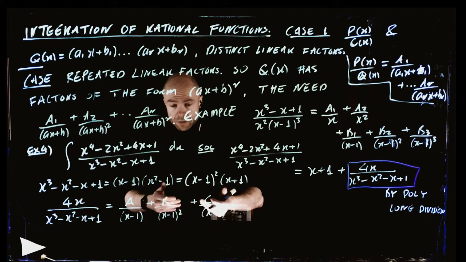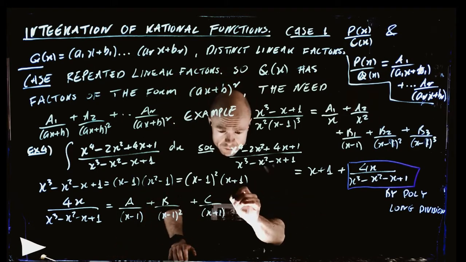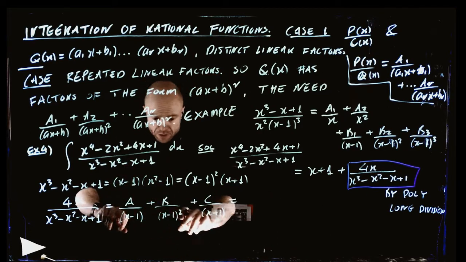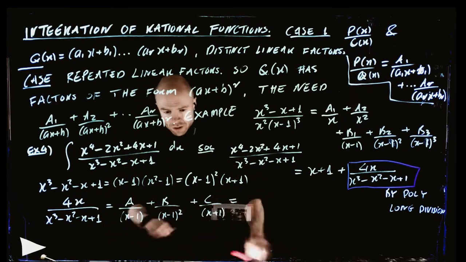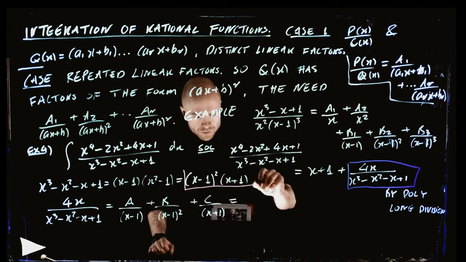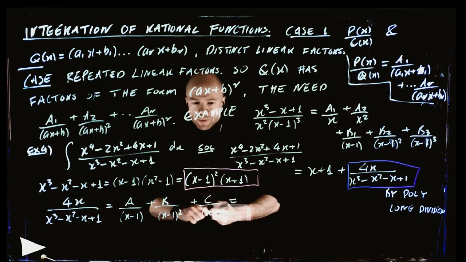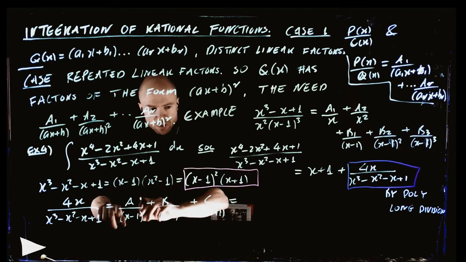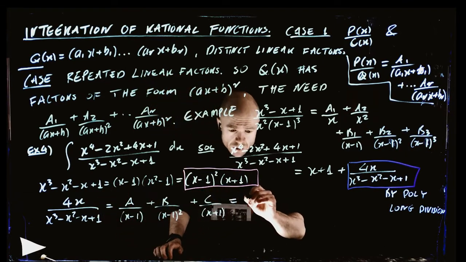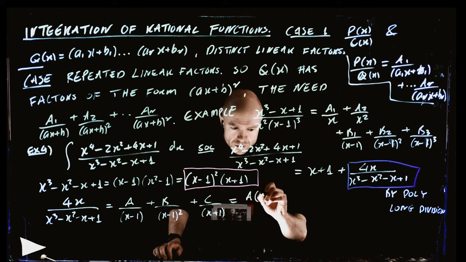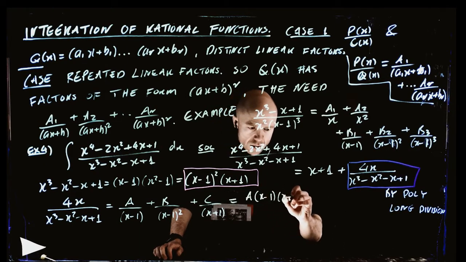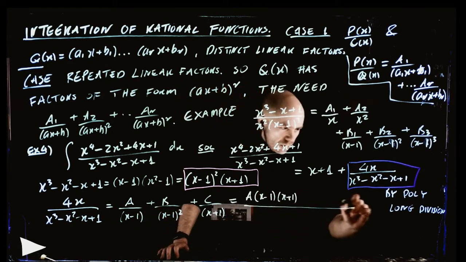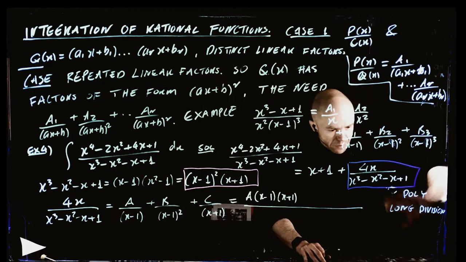To make the denominators the same, we need each individual term to have this denominator. Which means for this one, we need to multiply top and bottom by x minus 1, x plus 1. So here we're going to have A(x minus 1)(x plus 1). I'm going to erase some space.